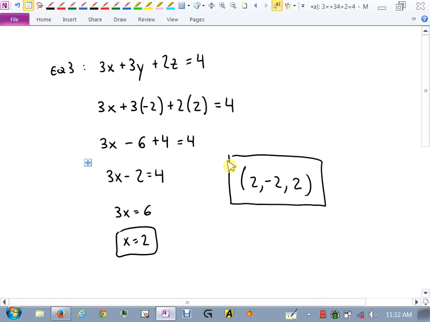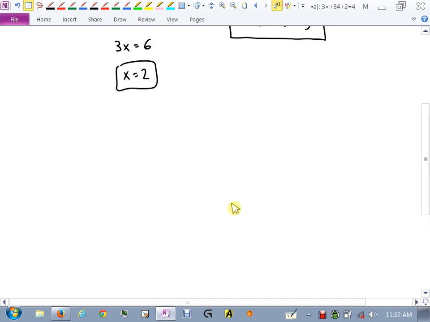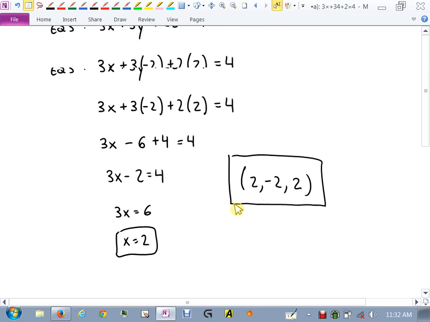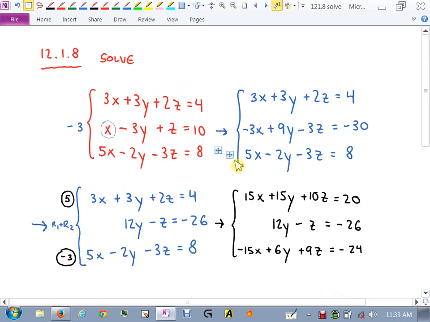So let me show you now how our calculator could have got the same result. All right? Yes? Because I think it's worth it. Not in this class, because on your test, I'm going to ask you to do this problem by hand and get the answer. But you can check your answer with your calculator. And when you're in a class like Cal 2, they get to a point where you get to this right here.